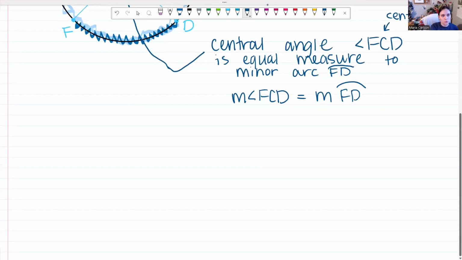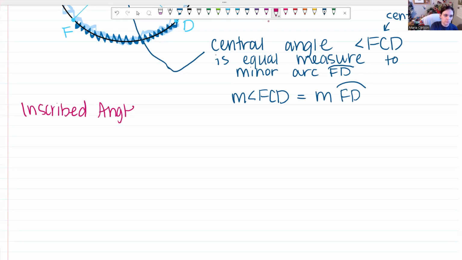So something else I want to point out is what is an inscribed angle. We're going to draw a new diagram for this one. So inscribed angles, the vertex of the angle is on the circle itself.